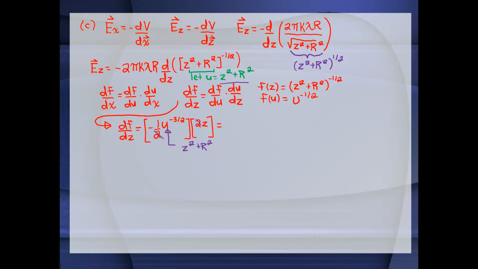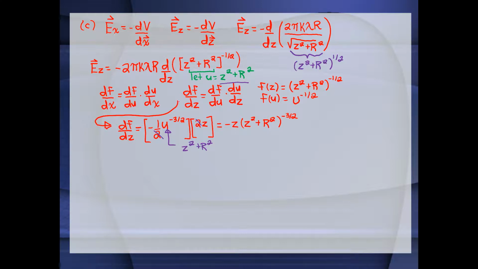So that derivative would be equal to, I'd be left with negative z, and then I would have z squared plus r squared to the power of negative 3/2. Okay, that's my derivative.